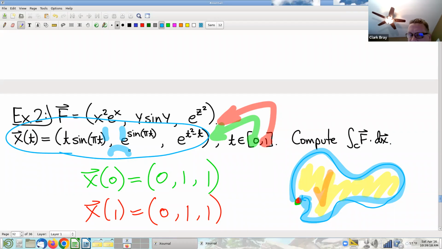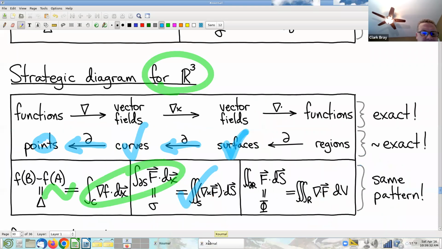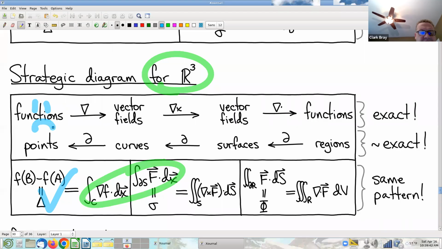Stokes's approach is not looking good because the surface is going to be brutal to find. The fundamental theorem of line integrals approach is not good because the anti-gradient is going to be hard to find. So back to the diagram. Yes, I can use this theorem, but I don't know how to find that anti-gradient function. Yes, I can use this theorem, but I don't know how to find that anti-boundary surface.